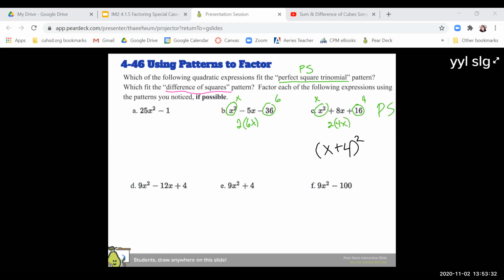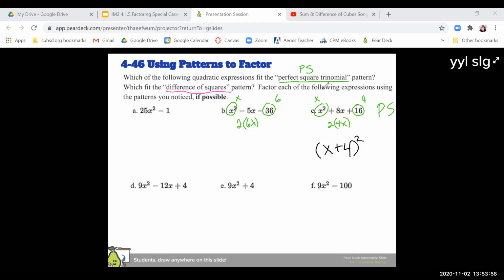Okay. Are there any more that fit the perfect square pattern? Any ideas? I'll throw it in the chat. Do you think that D does it? Let's test.